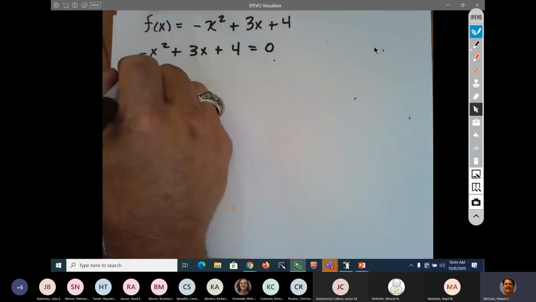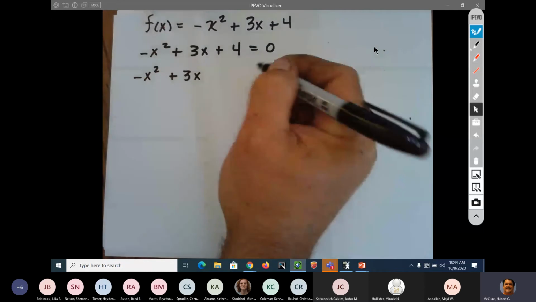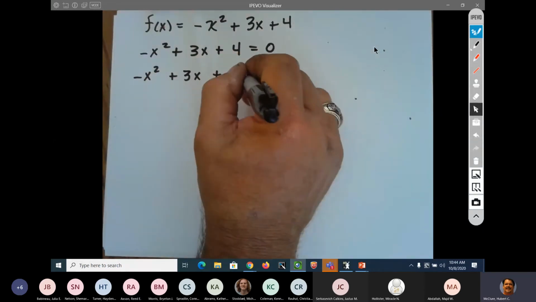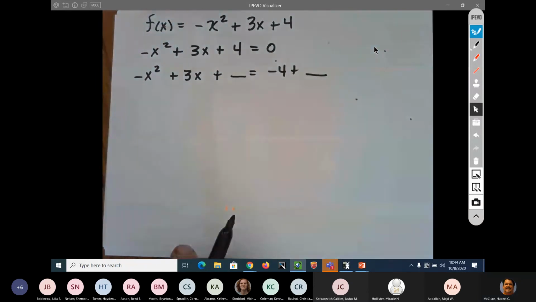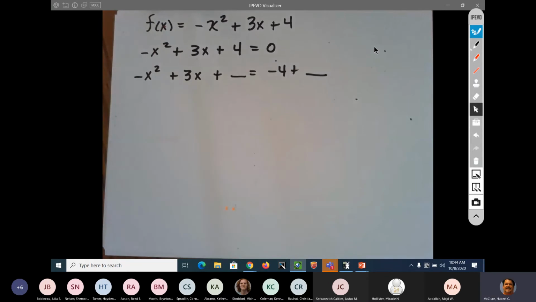And negative x squared plus 3x plus blank is equal to negative 4 plus blank. Now, I cannot use completing the square unless this is a positive 1. Okay, and I'm going to put that in red so you'll remember it.